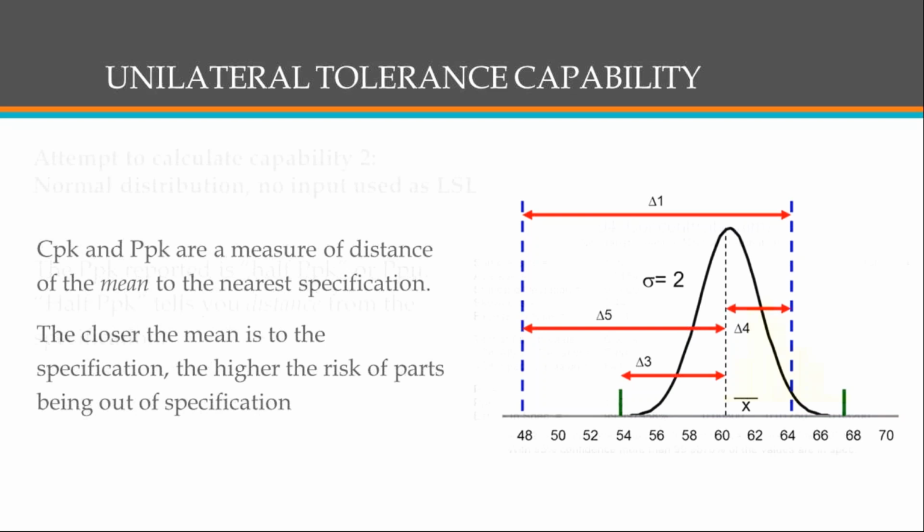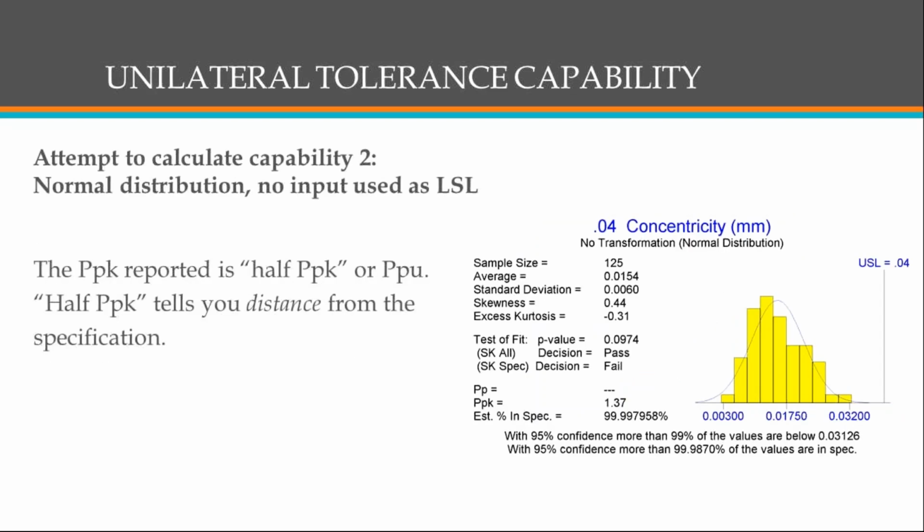So let's try calculating this without 0 as a tolerance. Now it's going to calculate from the mean over to the spec limit itself. I refer to those casually as half PPKs because normally when you're looking at a PPK, you're looking at the lesser of PPU or PPL.